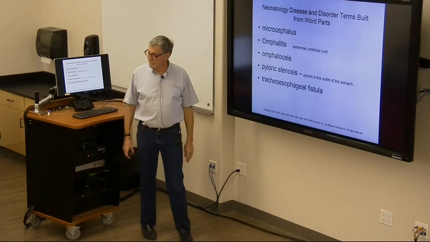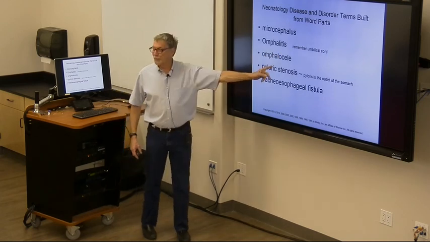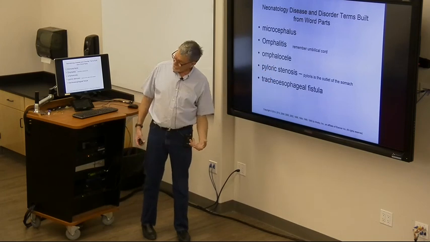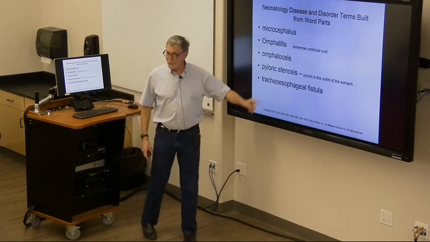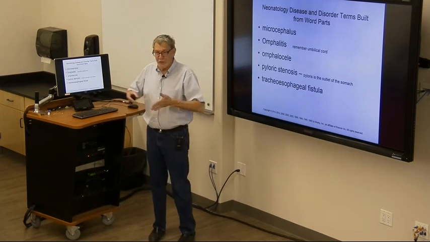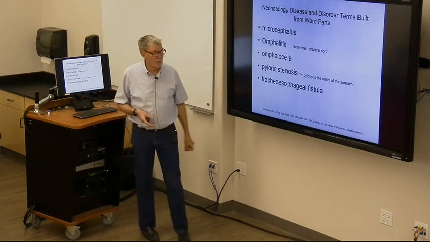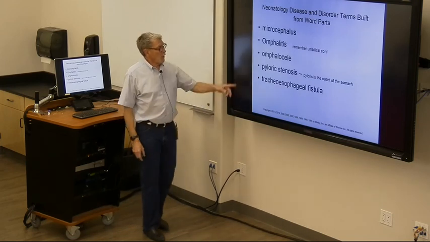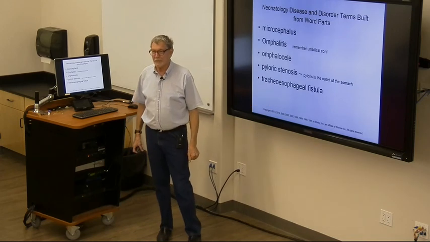Omphalitis, inflammation of the umbilical cord. Omphalocele, herniation of the umbilical cord. Pyloric stenosis, the exit from the stomach is too small. You can't get the food to go through it into the intestine. Tracheoesophageal fistula, what would that be?